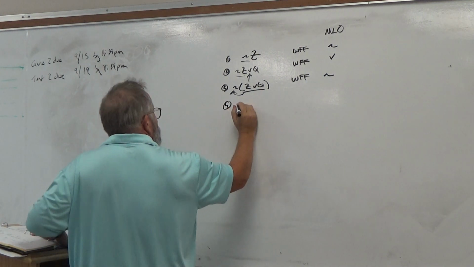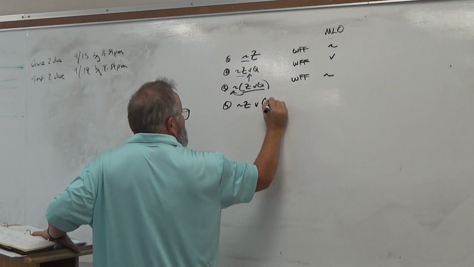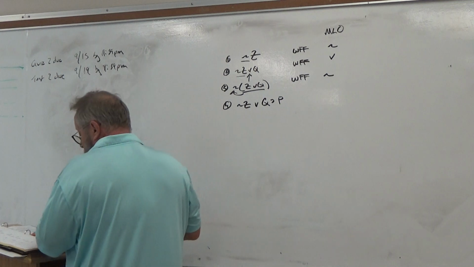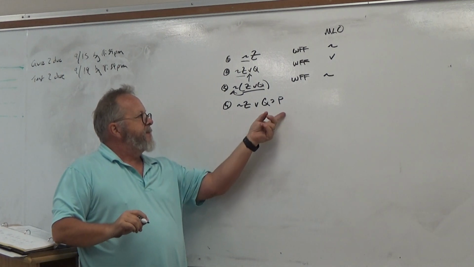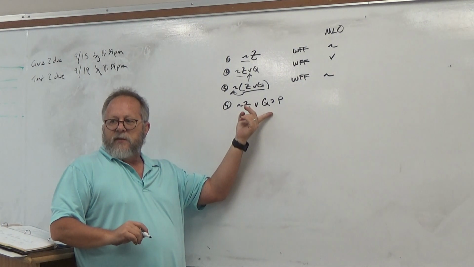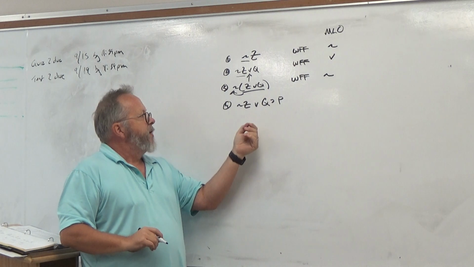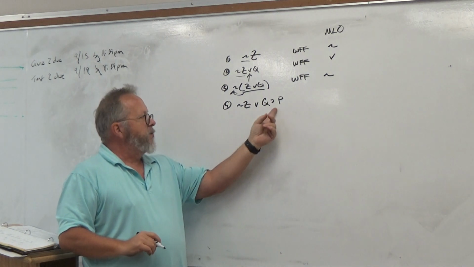4, suppose we have not Z or Q, then P. Is this a sensible statement? Do we know the order of operations? No, we don't, because we don't know whether we should do not Z or Q first or Q then P first.